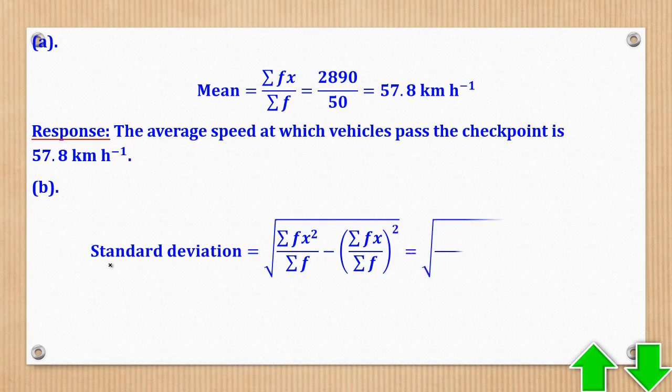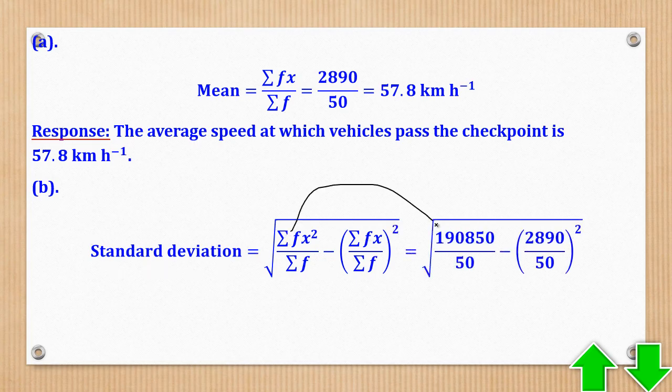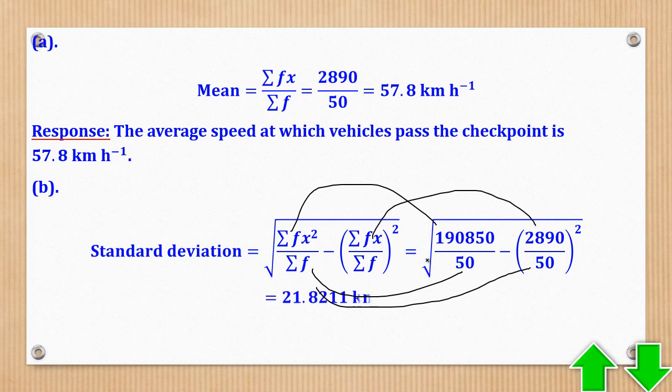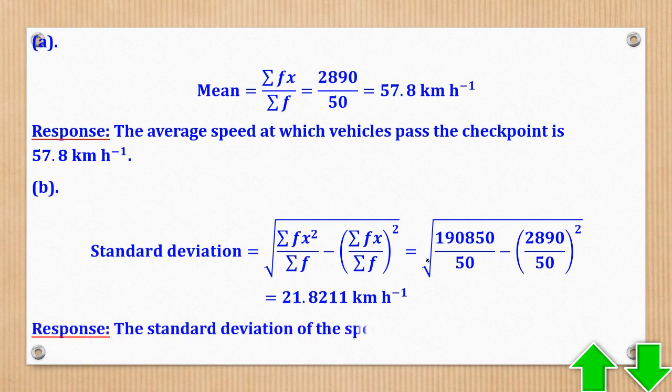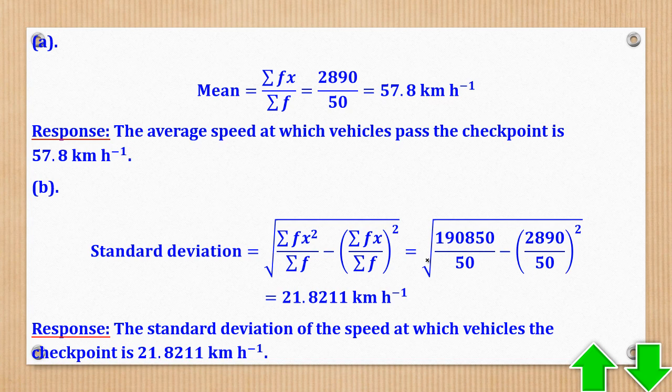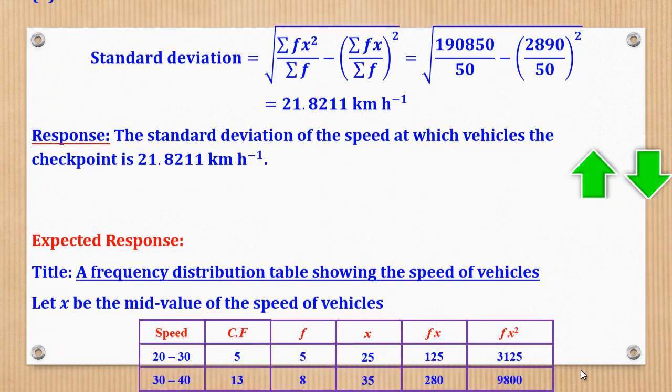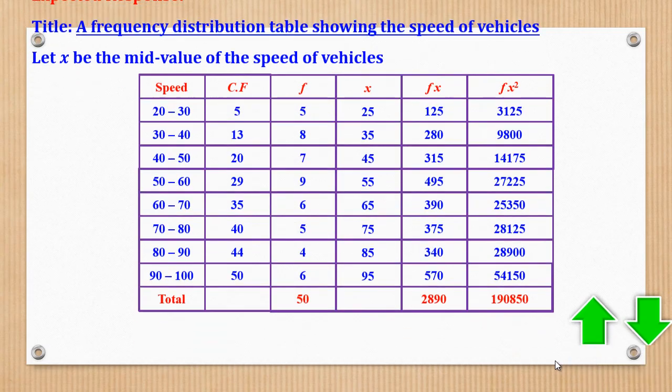So you have to code the formula, then you substitute fx squared, summation f, fx, then you get the output. Then you need a response: the standard deviation of the speed at which vehicles pass the checkpoint is this. So that was task B.